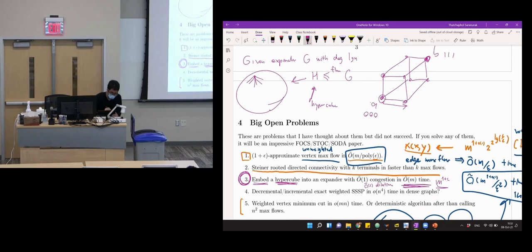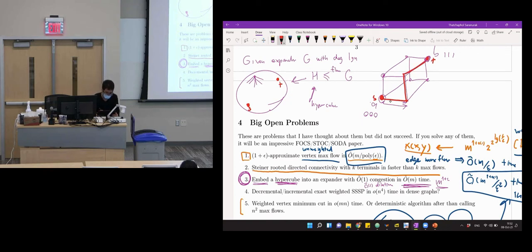It means that if I'm now given any 2 nodes in the expander, instead of spending square root n time to find a short path between them, it's going to be much better. Why? Because I just look at the corresponding S and T in the hypercube and choose a path in the hypercube.